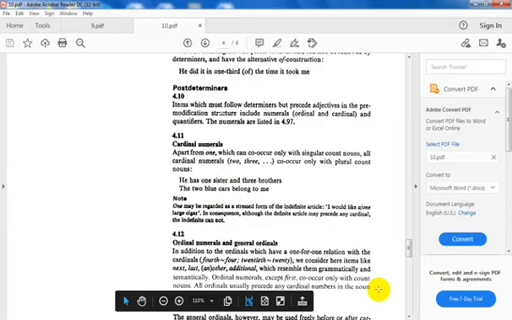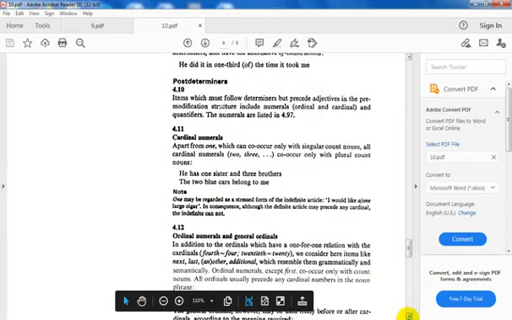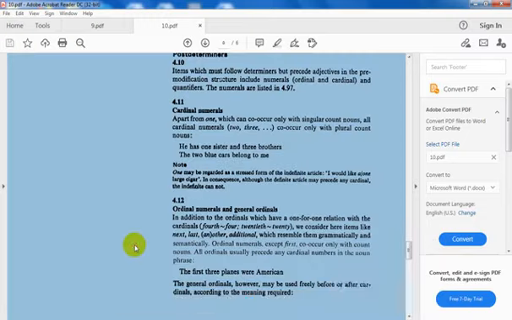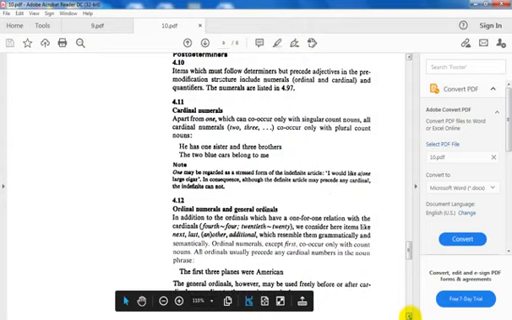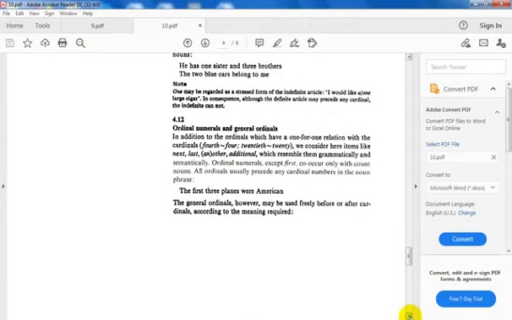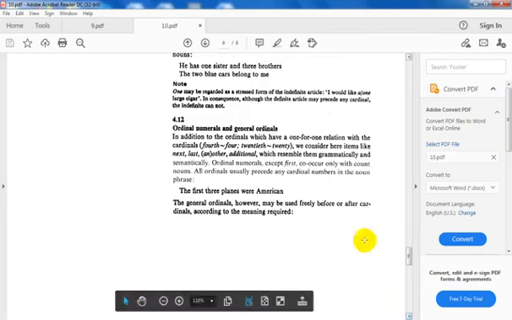What about the ordinal number؟ أعداد ترتيبية وعندي general ordinal. طبعا they are put together because they have the same characteristics. وطبعا they have a one for one relation with the cardinal.